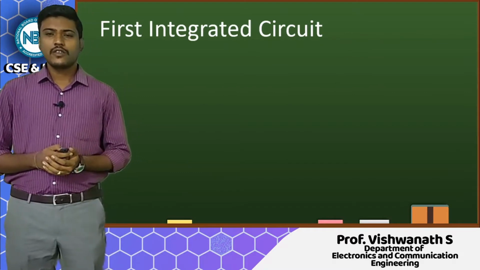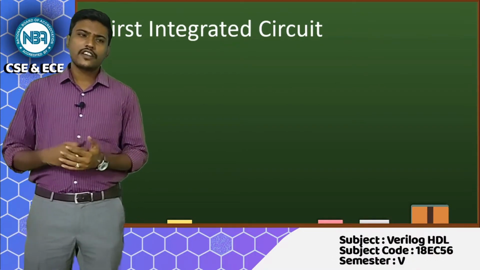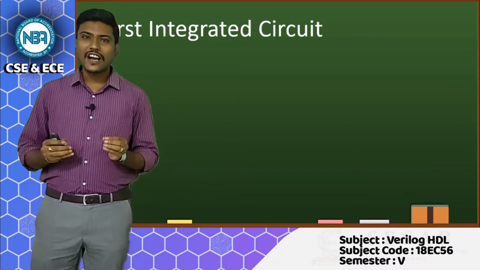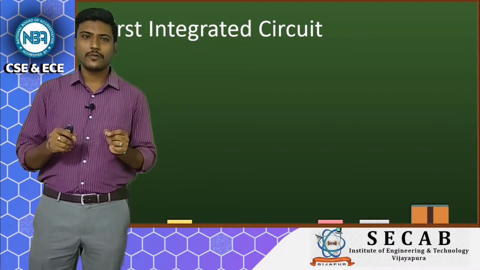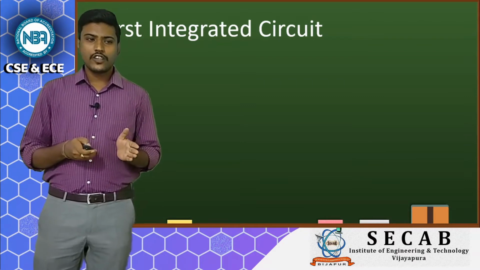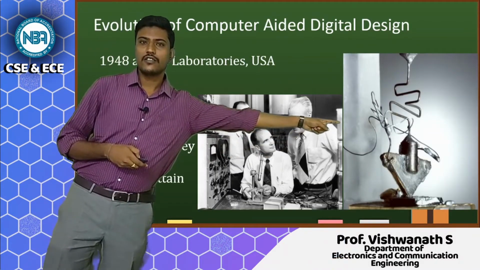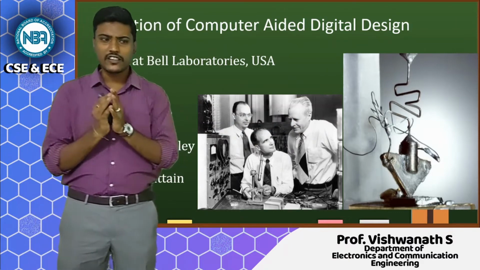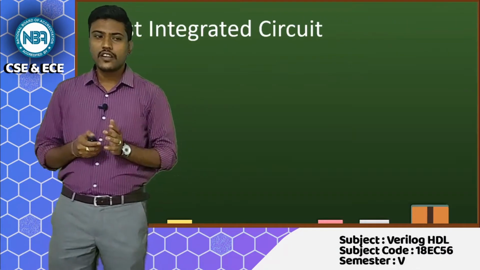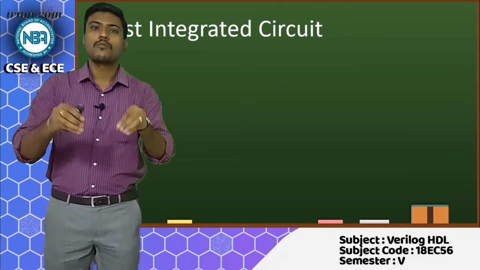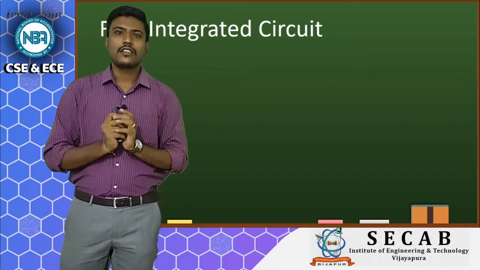After this, people started thinking about these BJTs, and tried to integrate things. As you can see in the previous slide, this is the first transistor, only one single transistor. But what people did, why can't we put some more transistors in a single device?